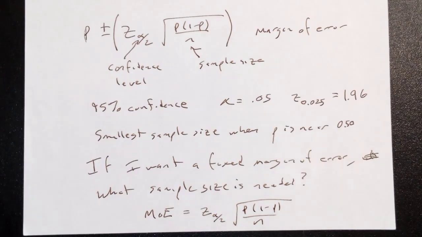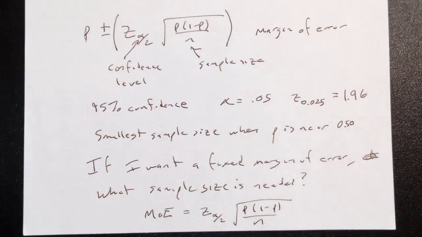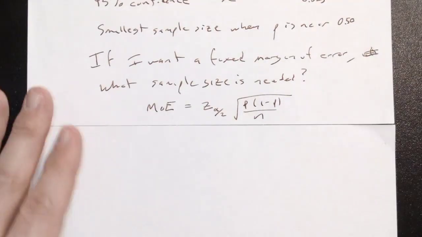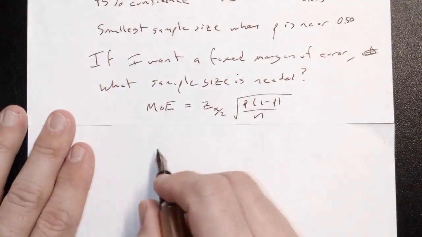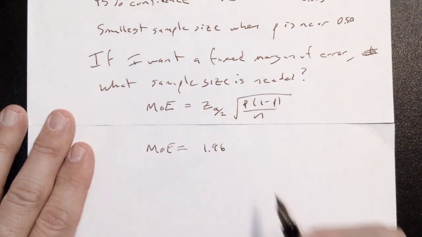But I'm making two assumptions, aren't I? I'm making the assumption that I'm doing a 95% confidence interval and that my smallest sample size occurs when P is 0.5, which really means I can put the 1.96 here.